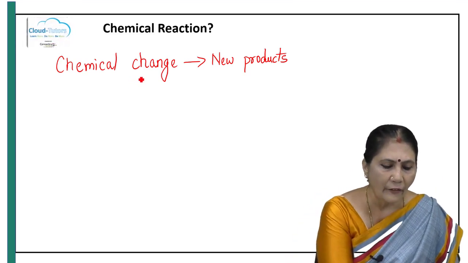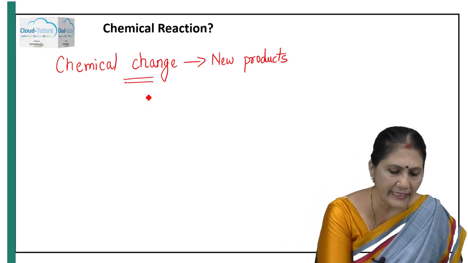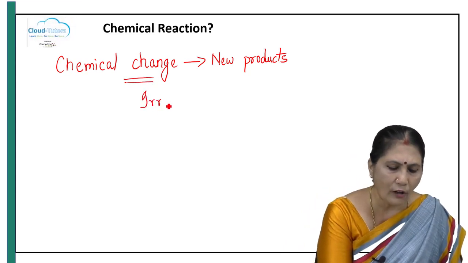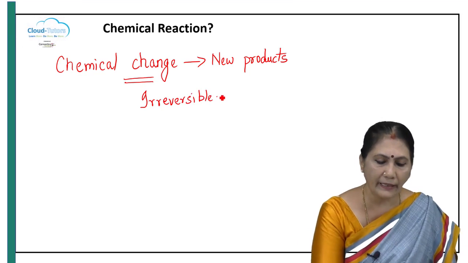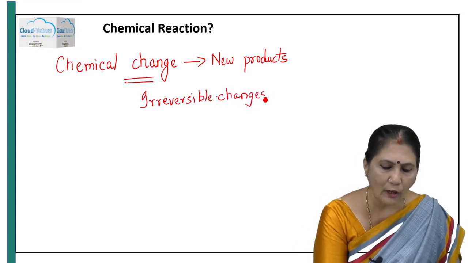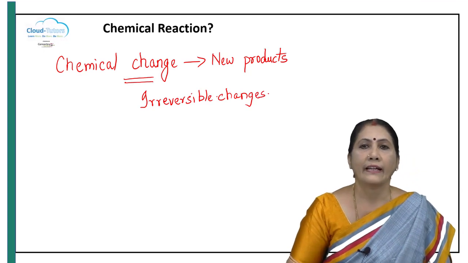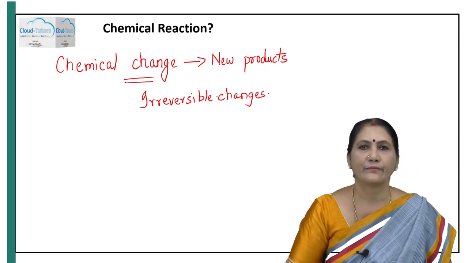So whenever we have a chemical change happening, you have to understand they are all irreversible changes, because it is happening in one particular direction.